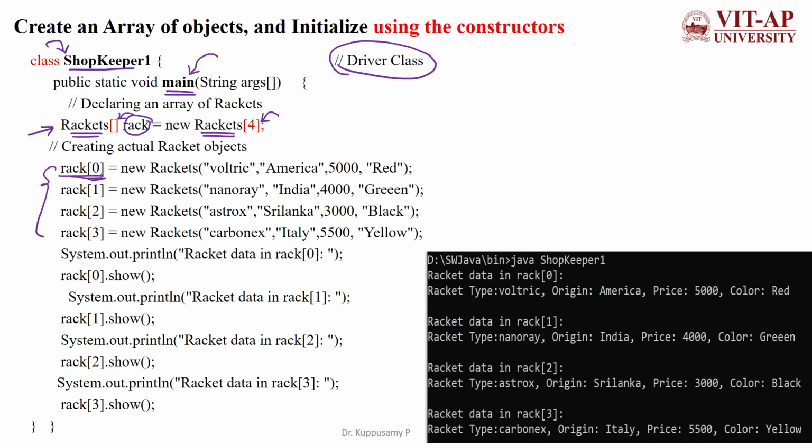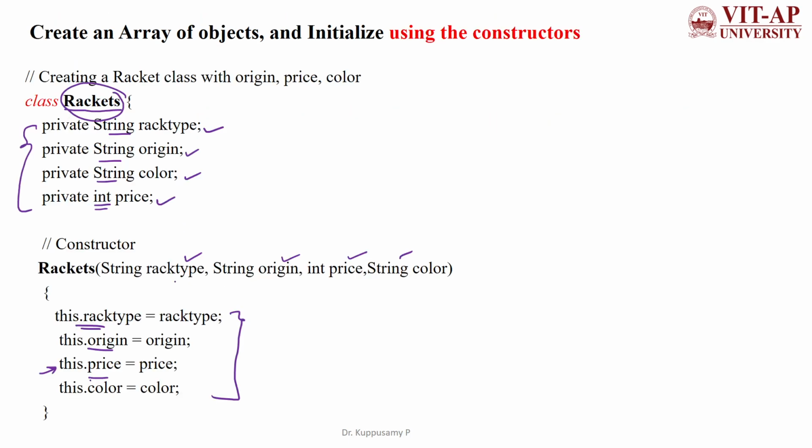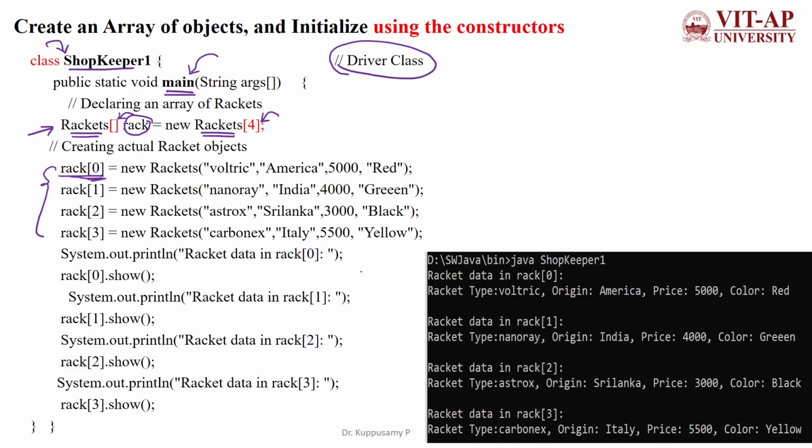So here for this array we are going to assign the values with the four arguments. The four arguments already we have seen here: racket type, origin, price, string, color. So for these four arguments, racket type is Valtric, then origin is America, then price is given here, and the color is given as a fourth argument.